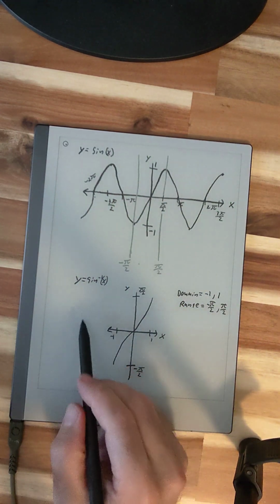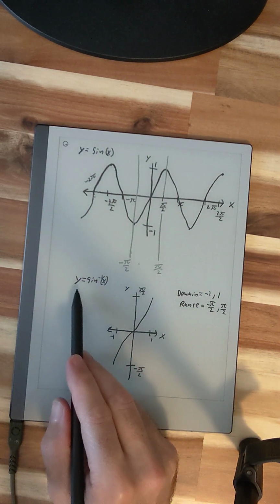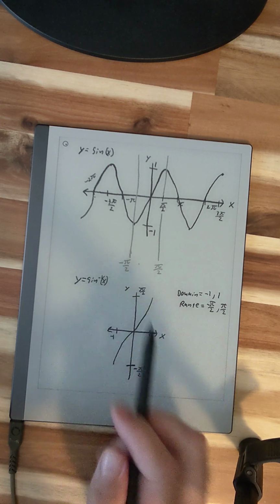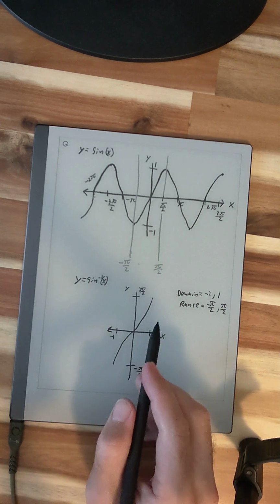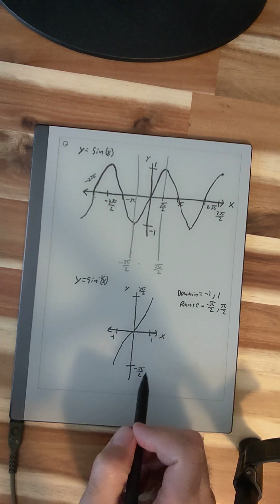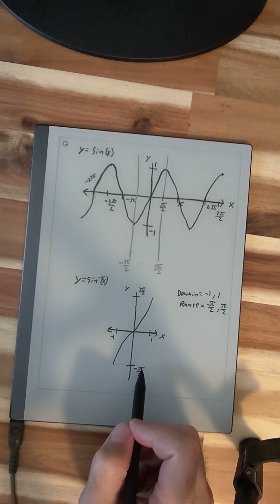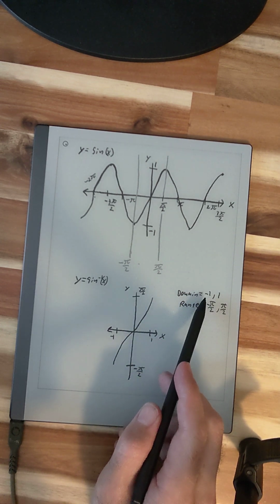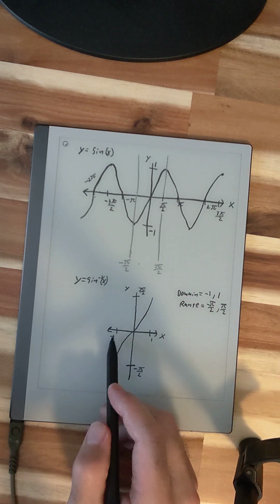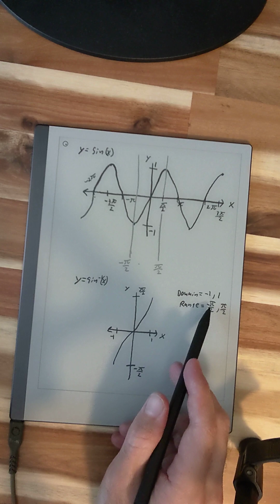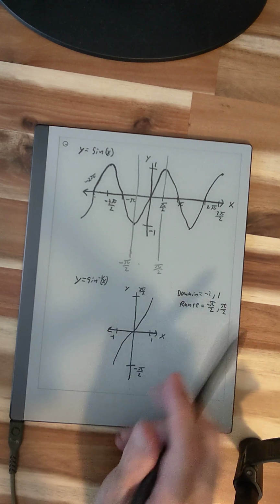So if we were to graph y equals inverse sine of x, this is what we get. Negative 1 to 1, and it gives us negative pi over 2 to pi over 2. So the domain is negative 1 to 1. We can only put in values from negative 1 to 1, and its output range is negative pi over 2 to pi over 2. Okay.